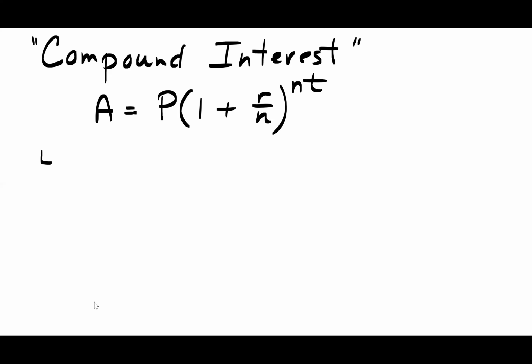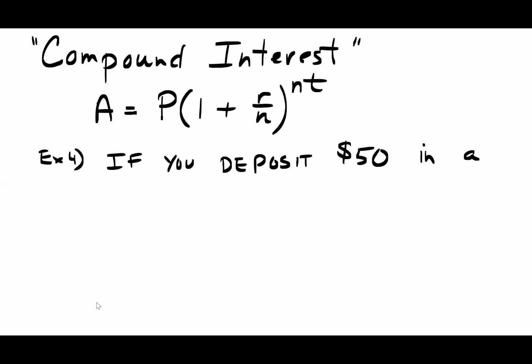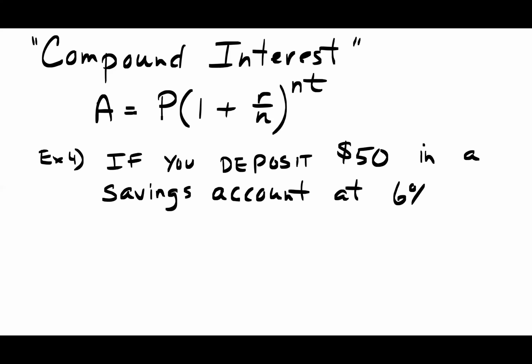I'm going to start off a problem here. Example 4. If you deposit $50 into a savings account that is earning 6% interest.